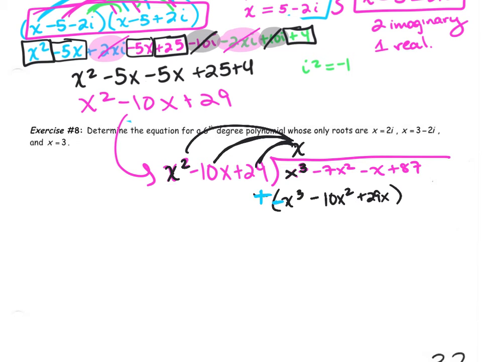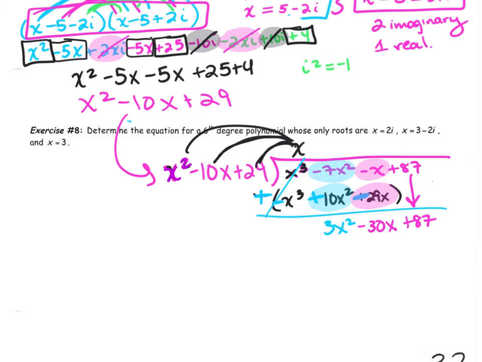Plus, minus, gone. We have 3x squared. Okay, so these terms here combine. 3x squared. Negative x minus 29x is negative 30x. Bring down the 87.